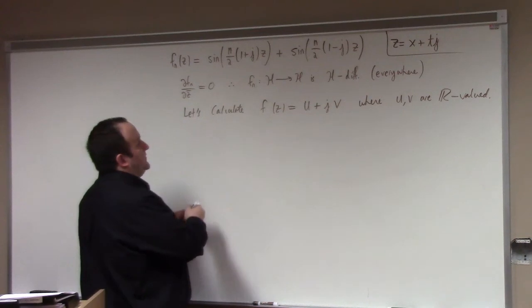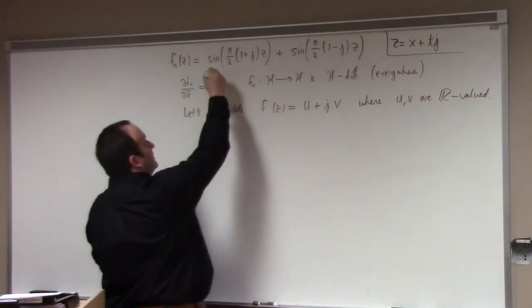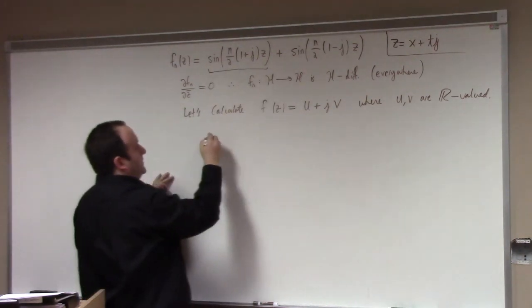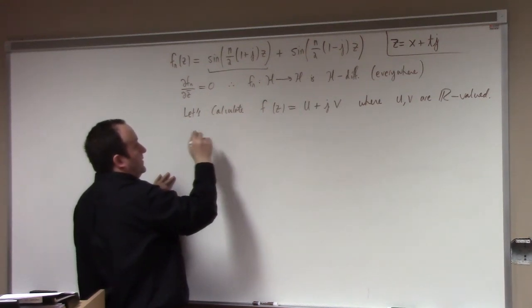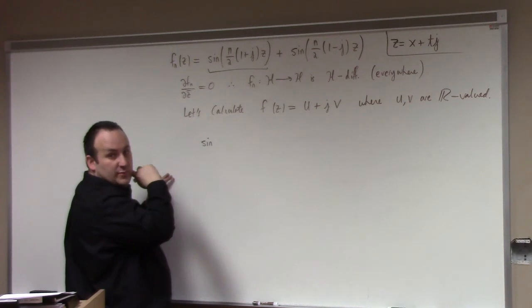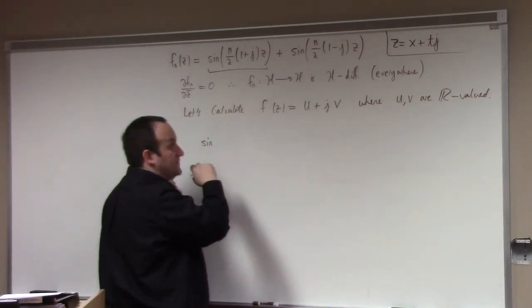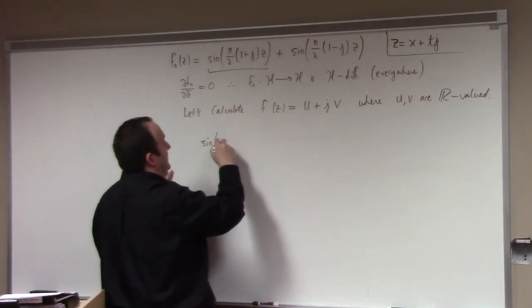I'll pick on the first half of it. There are various ways of doing this. We could look up the product to sum identities, which would be one way. Maybe that's the best way. And there's another way I see right now. I'm going to try it that way.